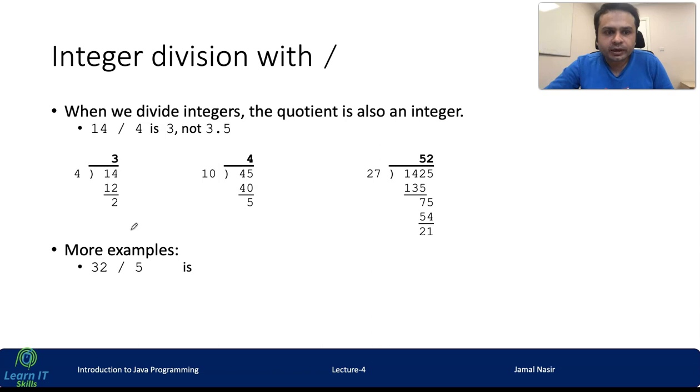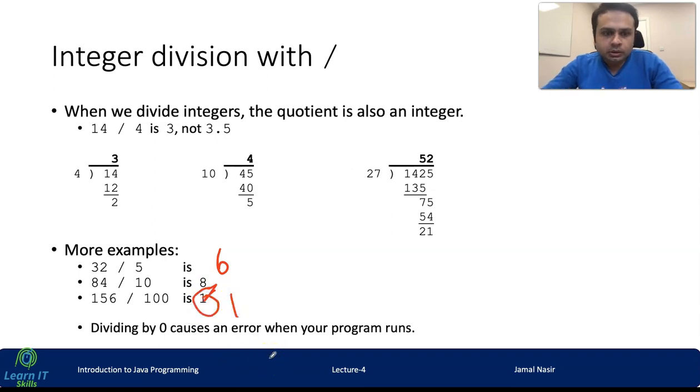What would be the value of 32 divided by 5? 6. Yeah, 84 divided by 10 is 8, right? And 156 divided by 1 would be 1. Obviously, dividing by 0 causes an error when your program runs.